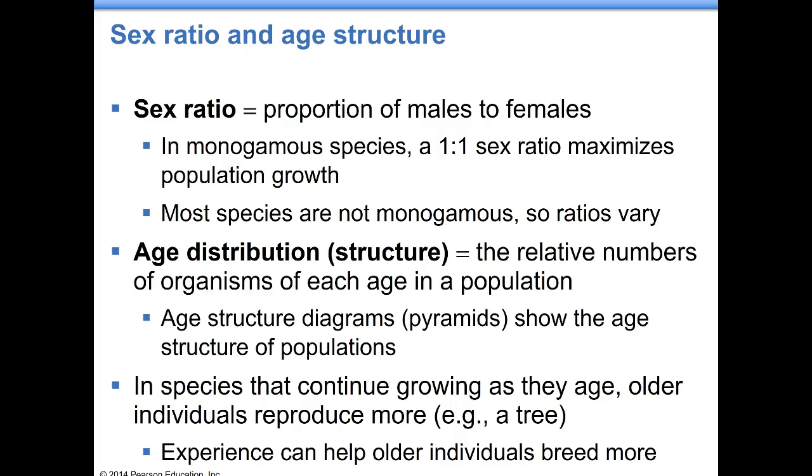So it would show that as far as children are concerned, there's going to be a lot more young people, between the ages of 0 and 15, and then after that, the age numbers are going to start to drastically decline. And it's also going to show you in that age distribution how many males are in that population of those ages and how many females are in that population.